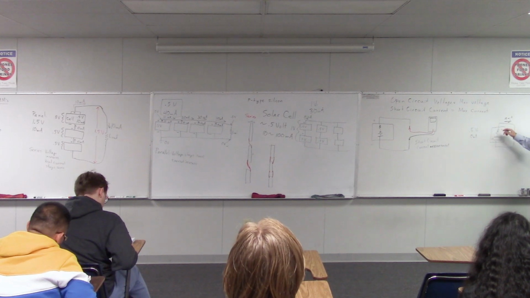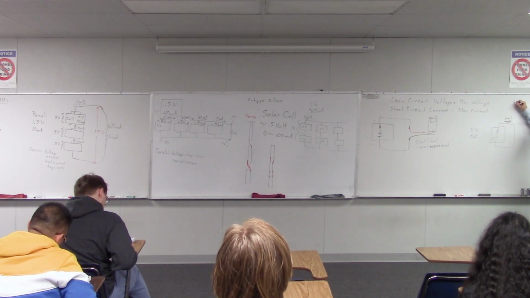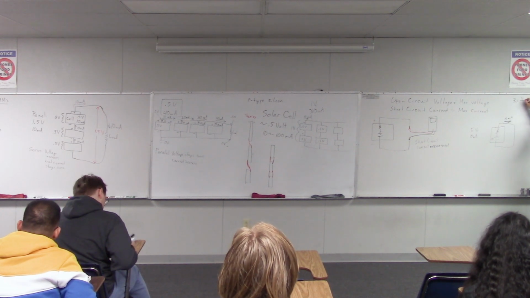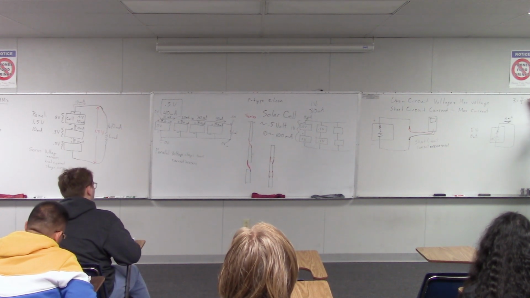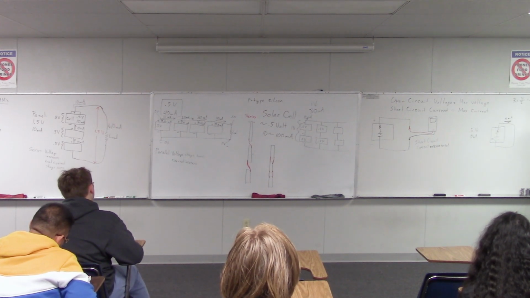So we can use Ohm's law to calculate the resistance. So we would say R equals V over I. So that would be 0.5 volts over 10 milliamps, or 0.01 amps. So that would be 50 ohms.